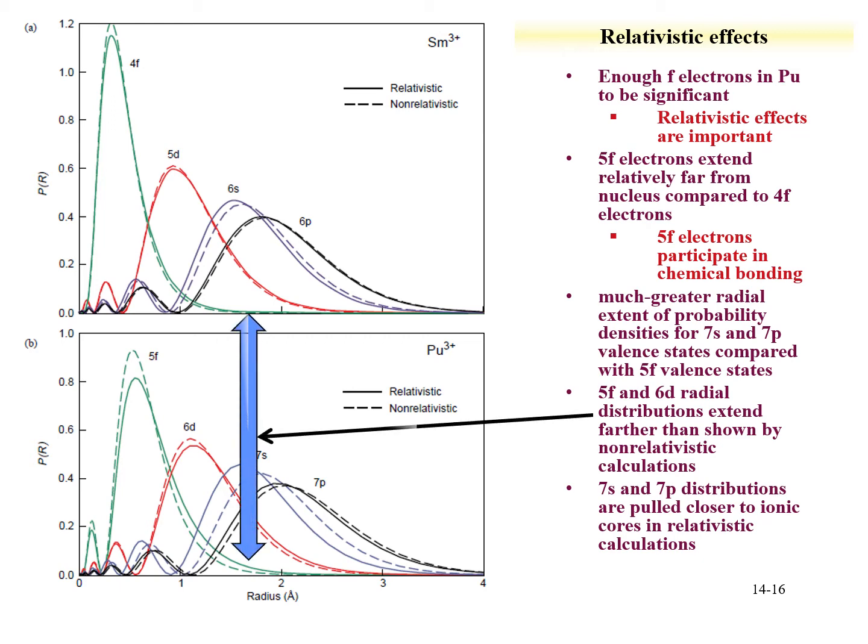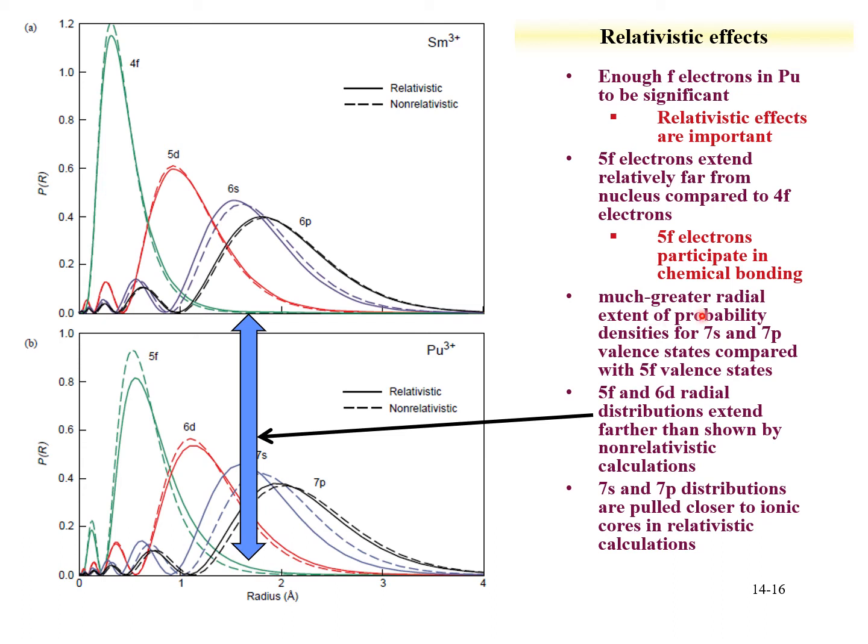So we can see this behavior here, where if we examine the 4F in trivalent samarium, the dashed line here is the non-relativistic calculation, and the solid line is the relativistic calculation. We see there's a slight extension in the relativistic, but if you compare that to the isoelectronic plutonium, you see that the relativistic calculation is further extended to the point where, in an area where the distance is important for bonding, you will get F electron contribution.